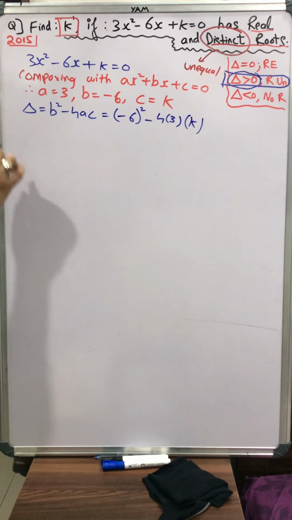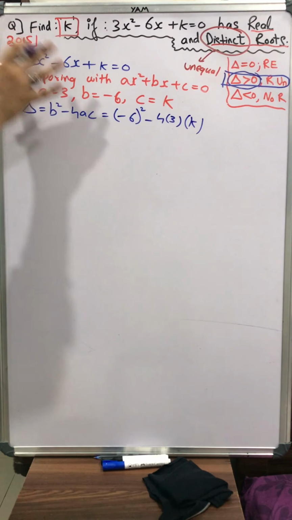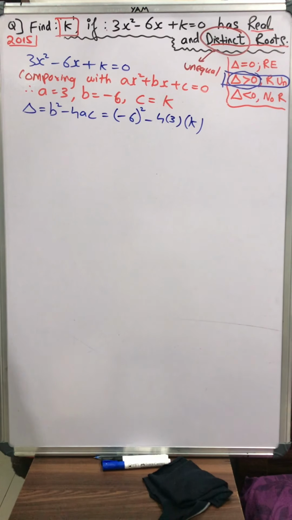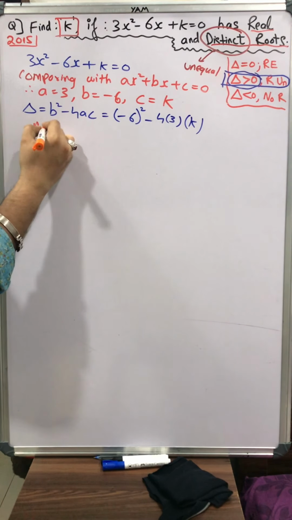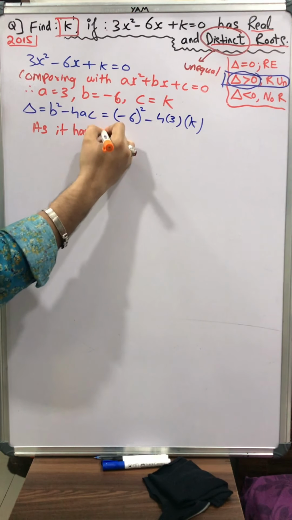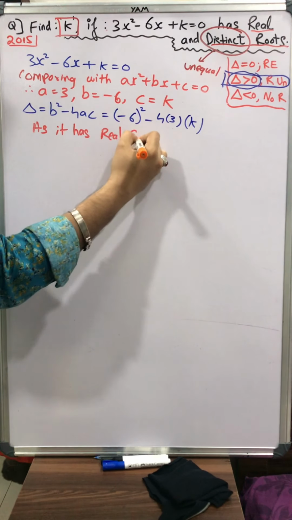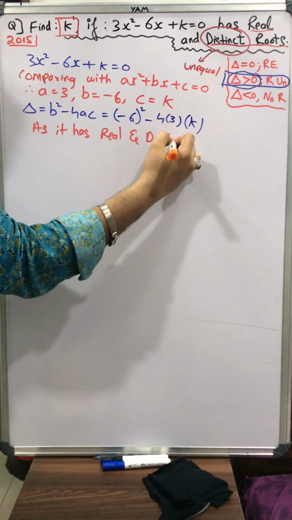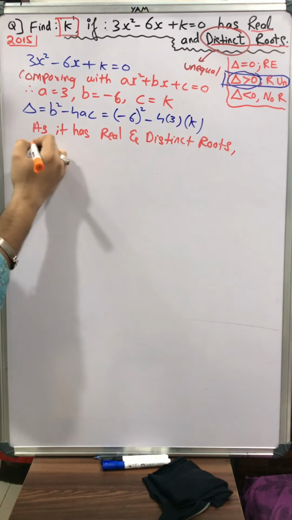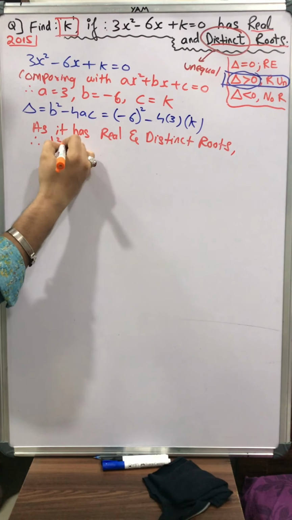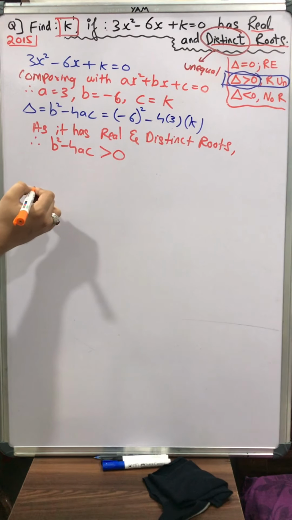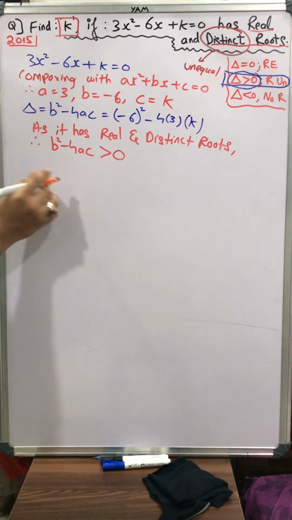Okay, now students, they have given to you that the given equation has real and distinct roots. So I'll write: as it has real and distinct roots, therefore b square minus 4ac will be greater than 0.